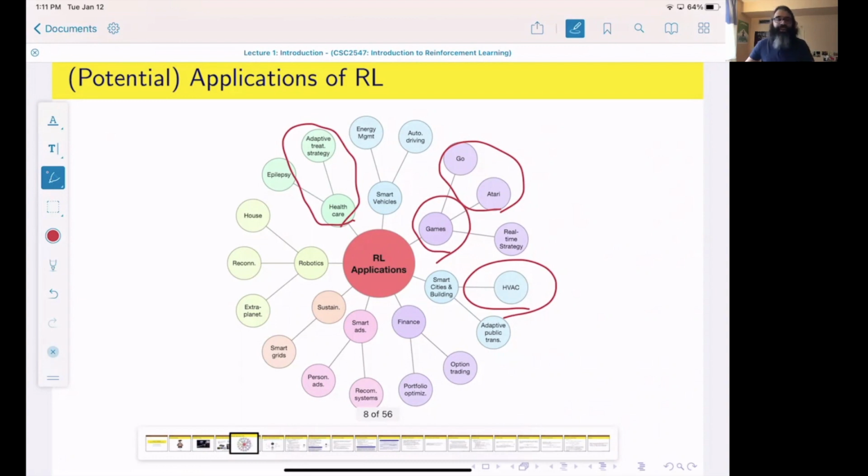So these are some applications that people have worked on. They're not necessarily at the level of products, but they are some research. And of course, a lot of applications of reinforcement learning in robotics. It seems to be very natural to talk about reinforcement learning in context with robotics, and many others, so in finance and other things. So there are a lot of applications.